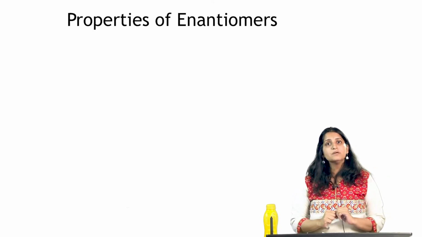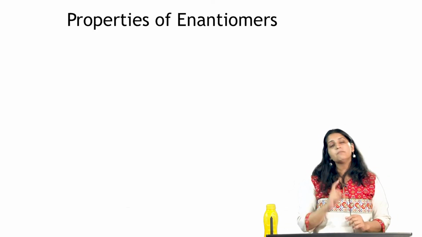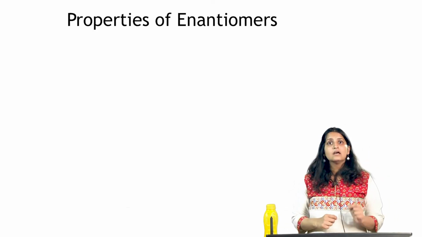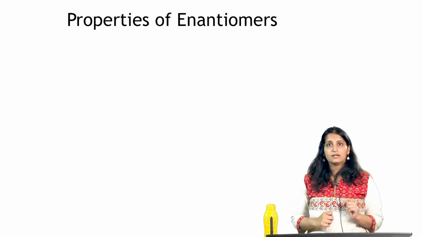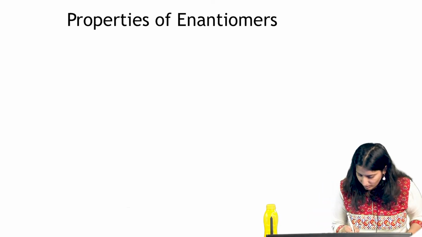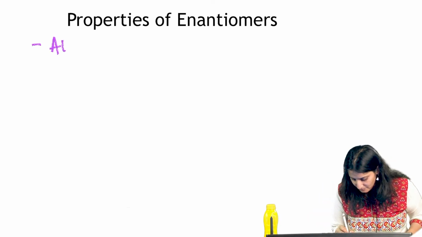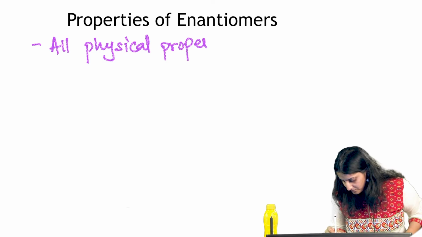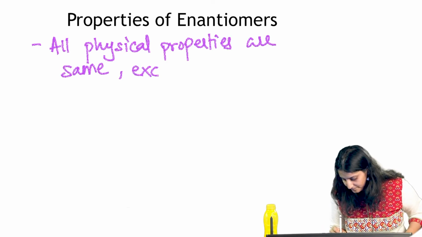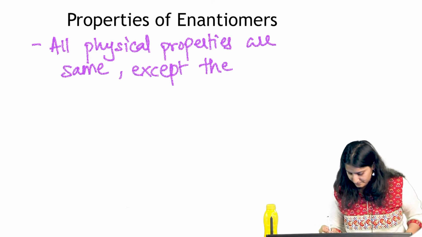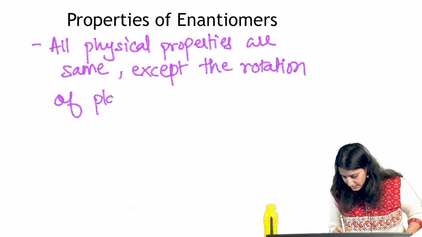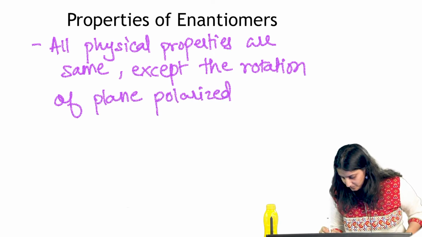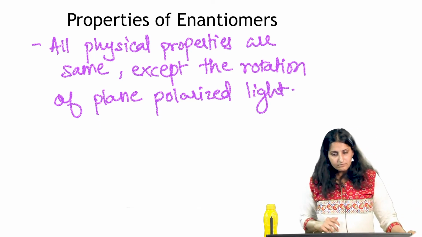However, the enantiomers differ in only one property, and that is the degree to which they rotate the plane polarized light. Okay. So, I am going to write here that pretty much all physical properties are same except the rotation of plane polarized light. Okay.